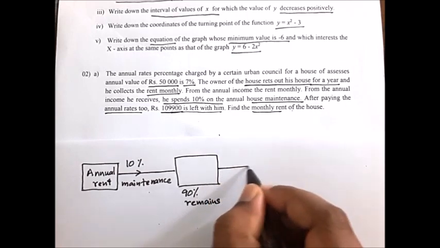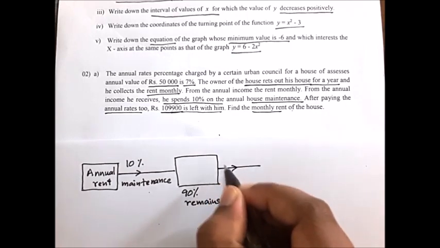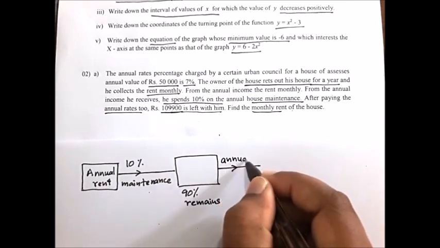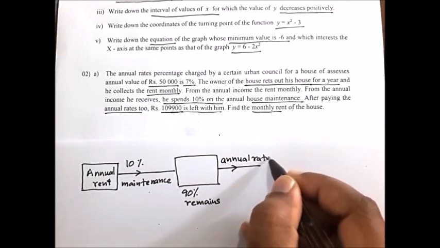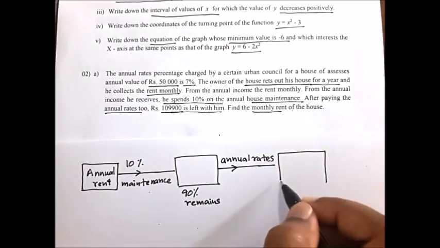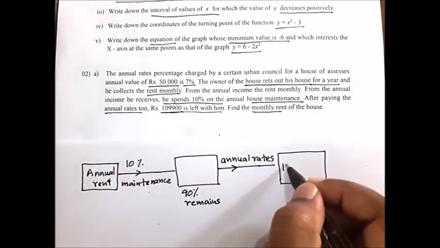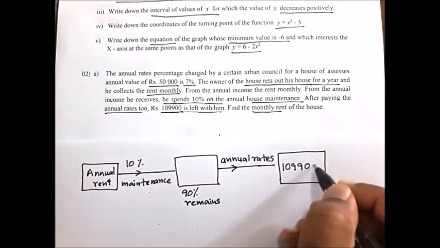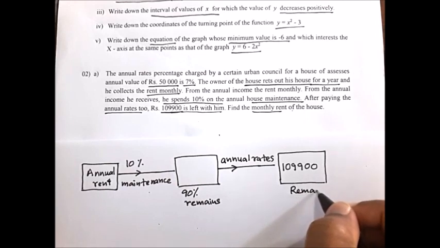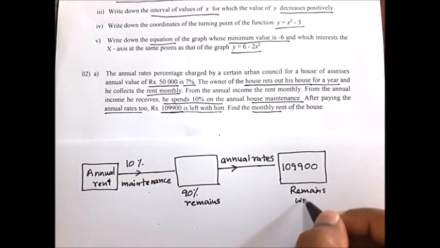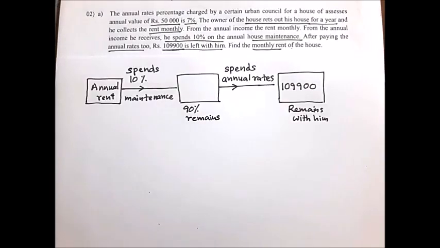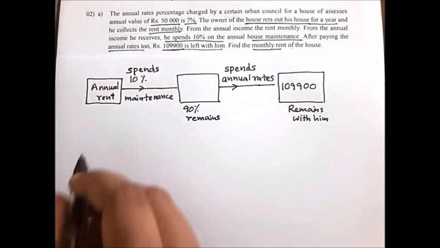From this remaining amount, he spends annual rates. After that, 109,900 remains with him. Now I am going to find the annual rates.